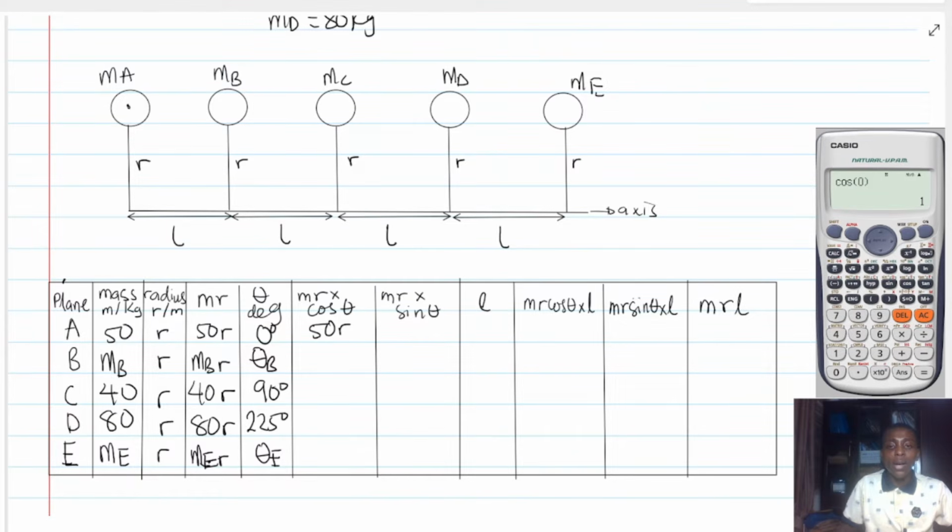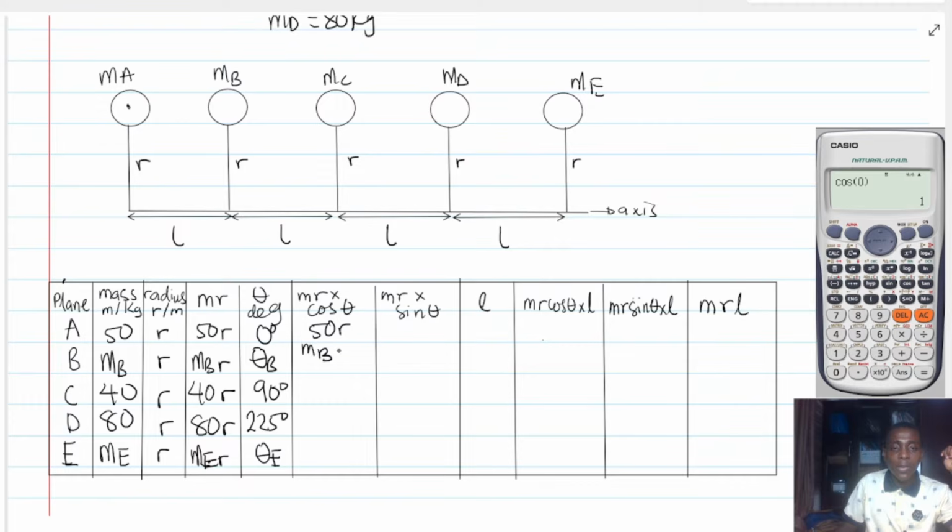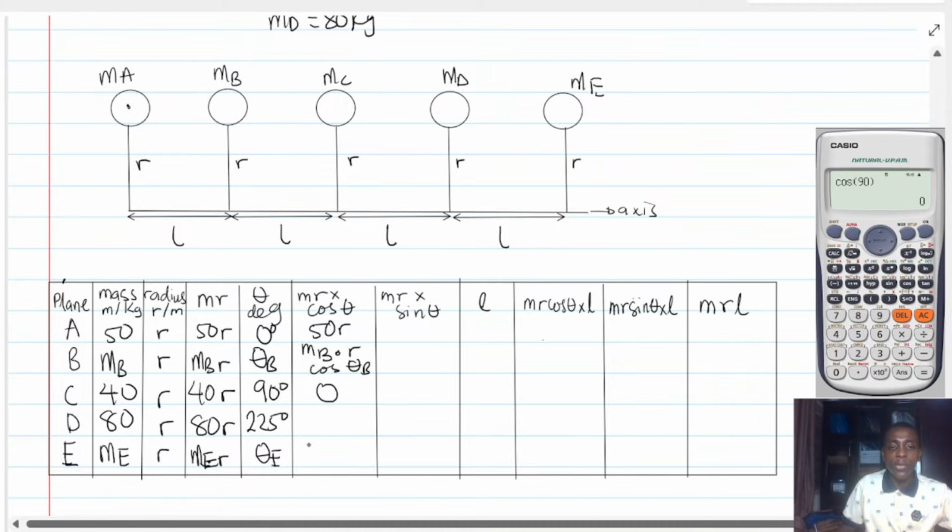All right. Now, after here, I'm going to do MB multiplied by R, and then I'll do cosine theta B because I can't evaluate it. Now, when I get to this point, cos 90 is actually 0. Cos 90 is 0. It means this is going to be 0.